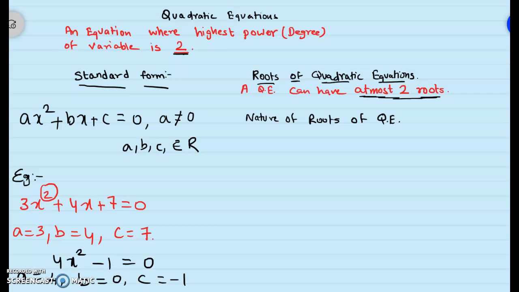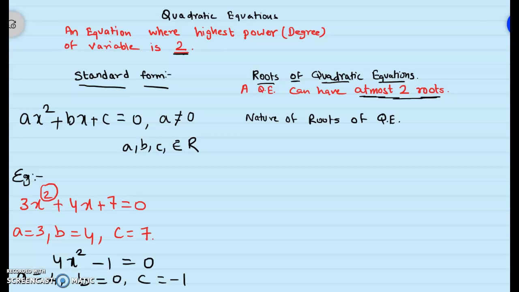A linear equation can have at most 1 root, and similarly a cubic equation can have at most 3 roots. Therefore, a quadratic equation, which has highest power 2, will have at most 2 roots. At most here means it can have 2 or fewer than 2 roots.